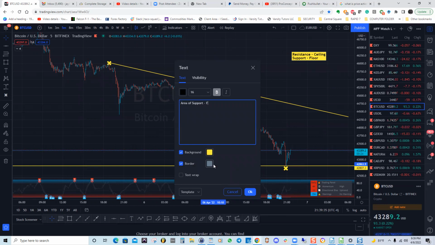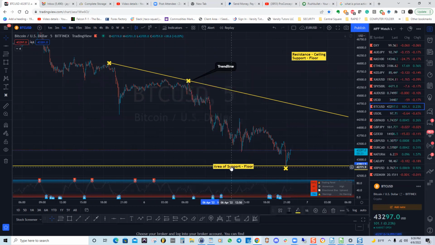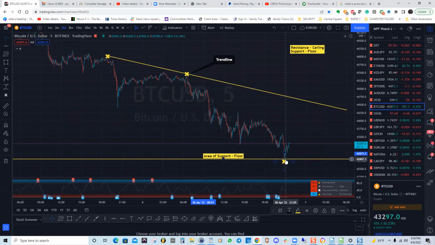It's the floor, right? You can clearly see that this area here will be support because it's like the floor. Price came all the way down here and it stopped right here, and then it shot back up. So this is what we call an area of support.